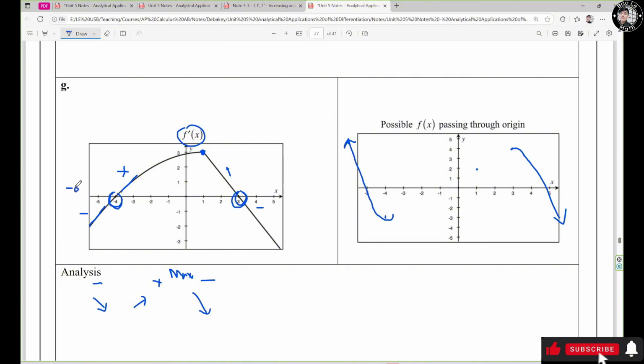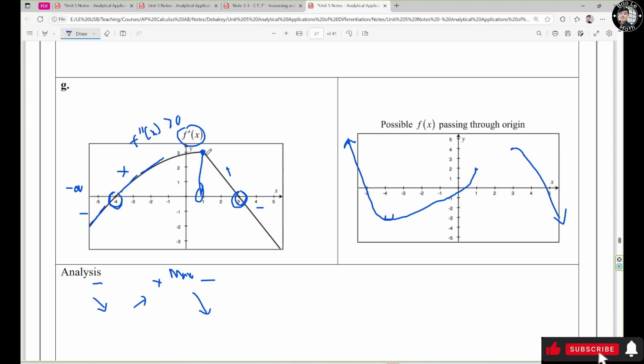From negative infinity to 1, the function f of s is concave upward because if you draw the tangent line, you see that f double prime of s is always positive, right? So this one should be concave upward from negative infinity to 1. So it could be something like this, right?